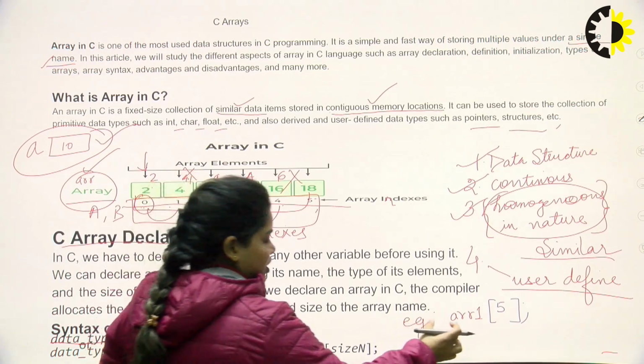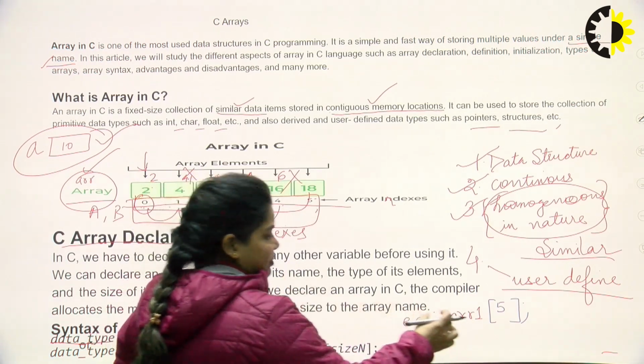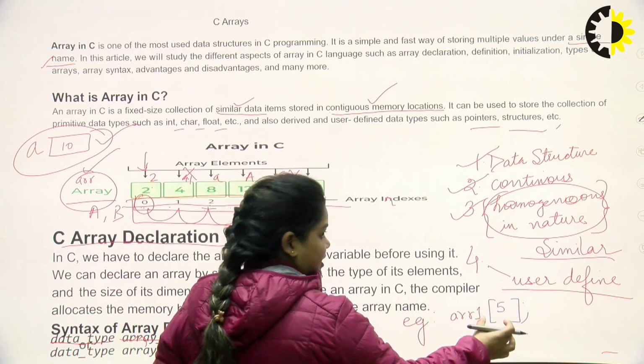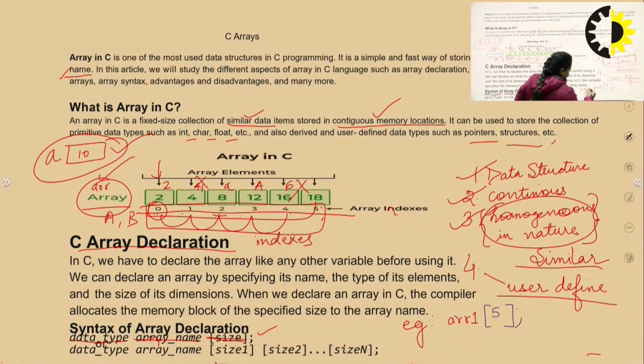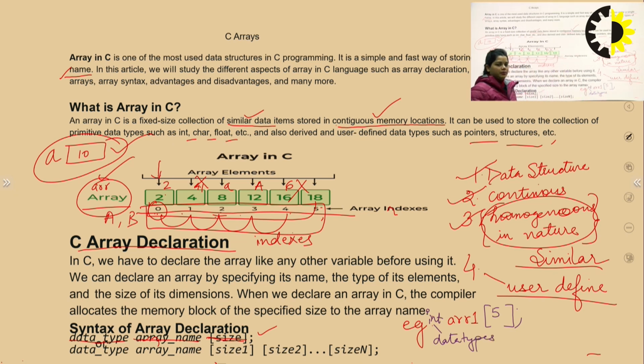This is the name you have given, array1, and the size you are allocating is 5 under the square brackets, with a semicolon, and here I am providing int. This is the data type. Whatever elements I give to this array will be only of integer type, because the data type here is int. This could be float also, this could be character also, but here we have taken int.